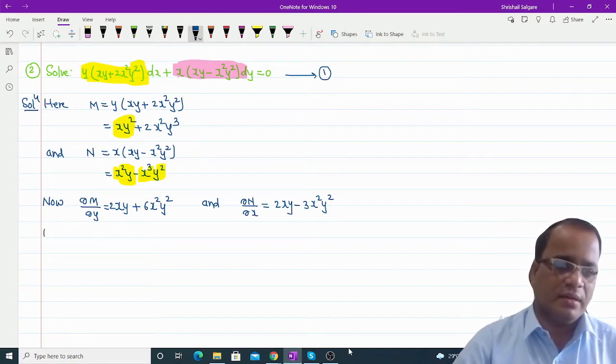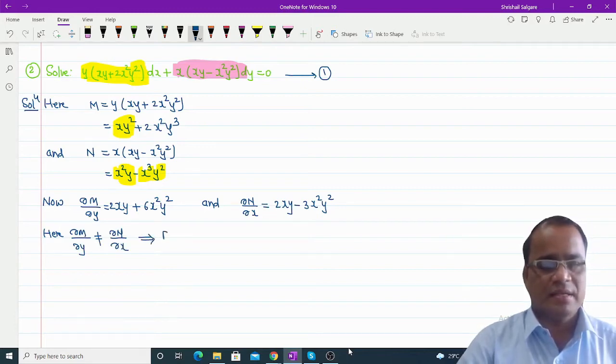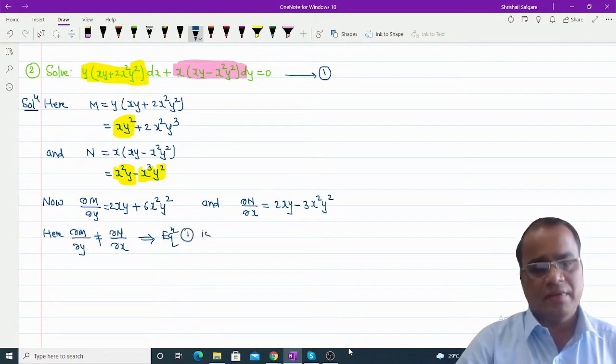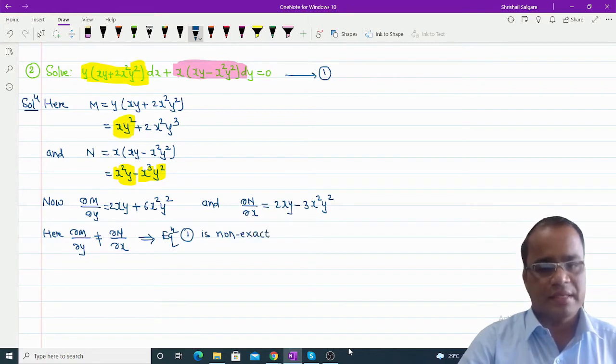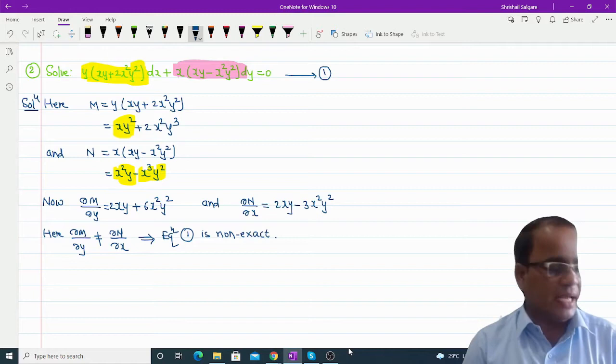So ∂M/∂y is not equal to ∂N/∂x. This implies that equation 1, whatever the form is given, is non-exact. Now can you guess which rule I can apply to find the integrating factor?